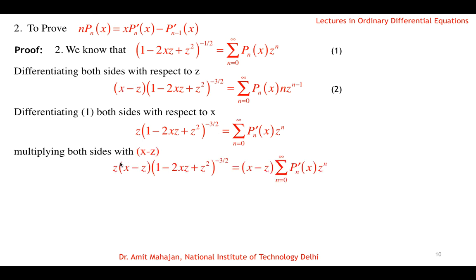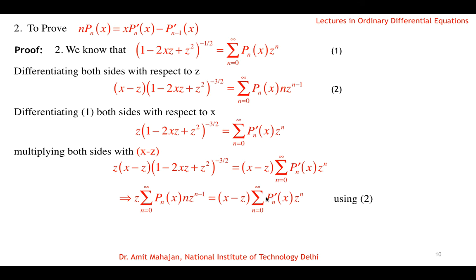Then x minus z times this term with power minus 3 by 2 can be substituted from here as a summation, using the earlier result.